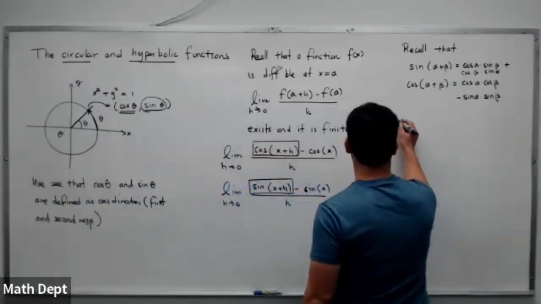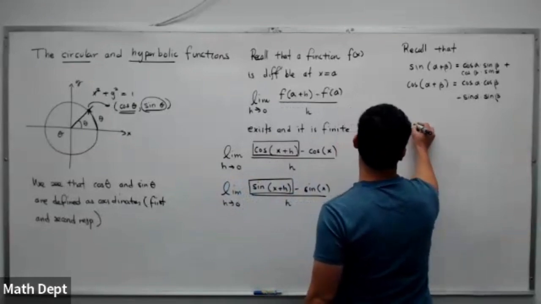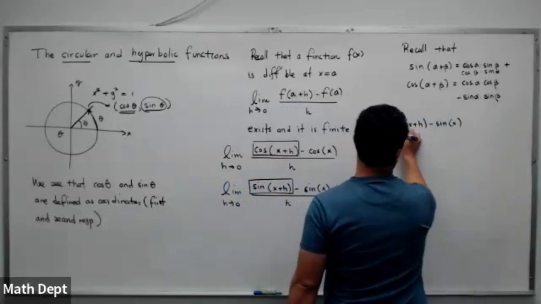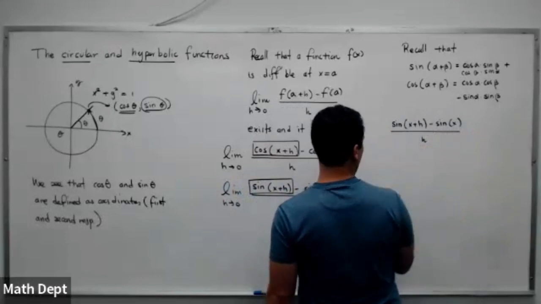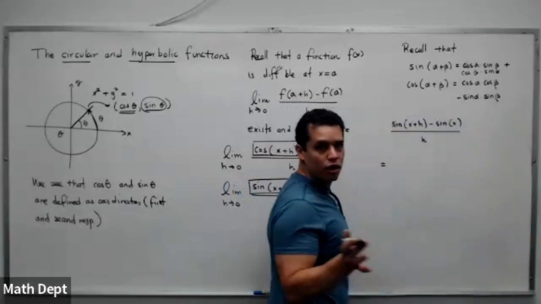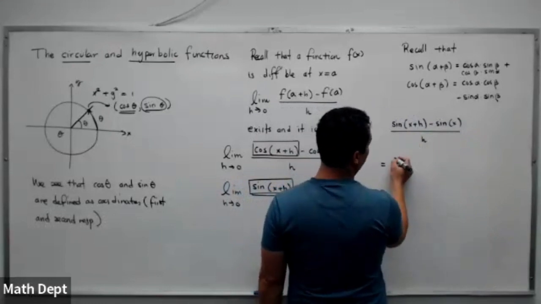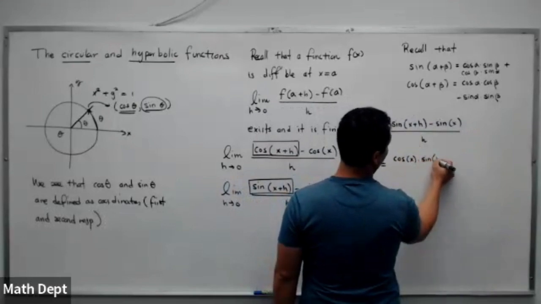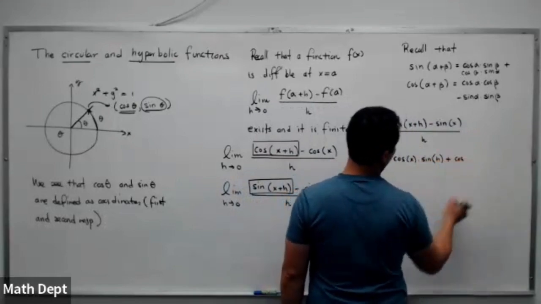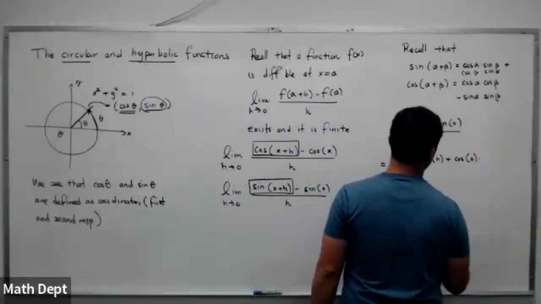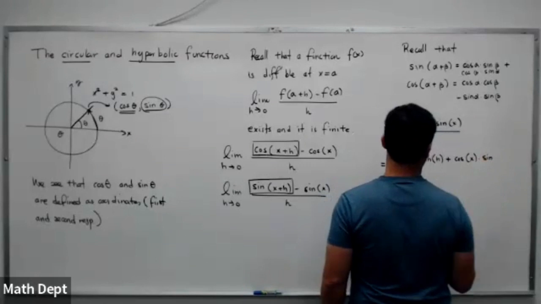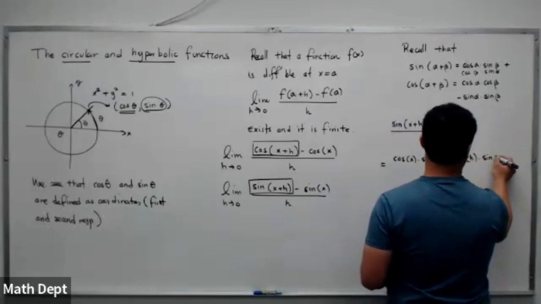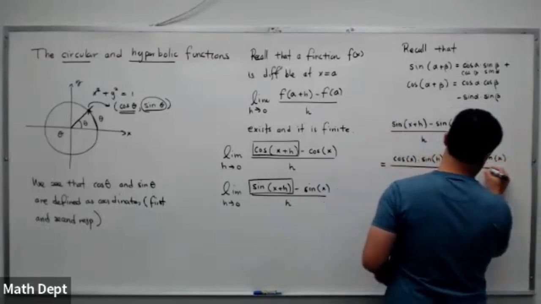So if I start with sine of x plus h minus sine of x, the expression might be decomposed in the following order: cosine of x times sine of h plus cosine of h times sine of x, all divided by h.